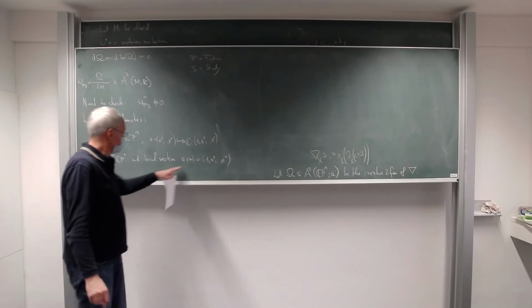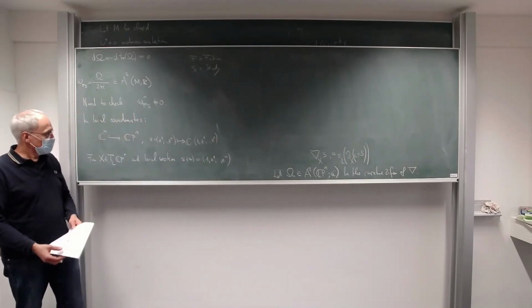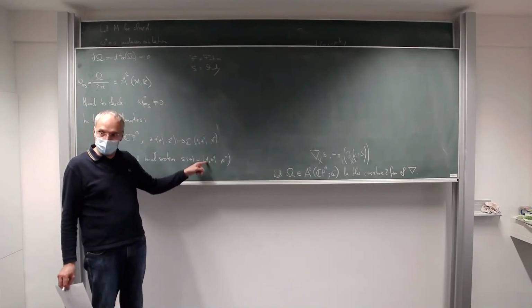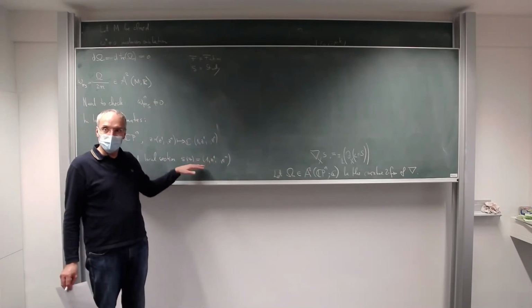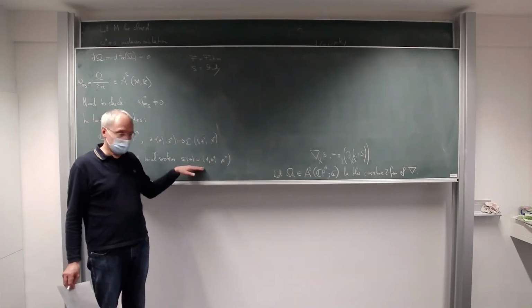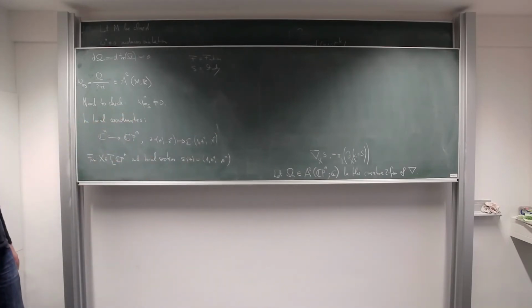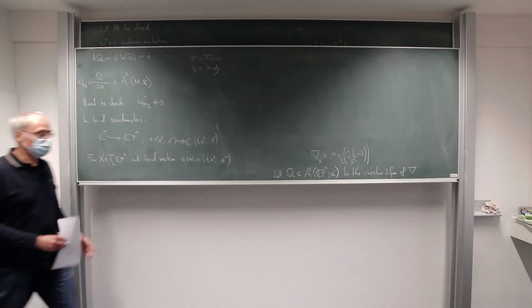So this is a local section which is nowhere vanishing because of this one here. So this gives me a local trivialization of the tautological bundle. And with respect to this section, or local trivialization, I compute the connection one-form.